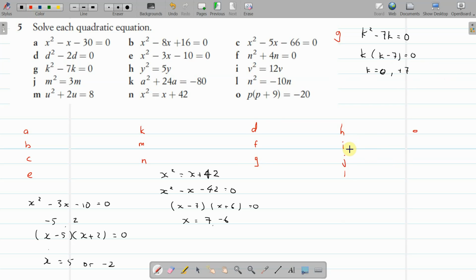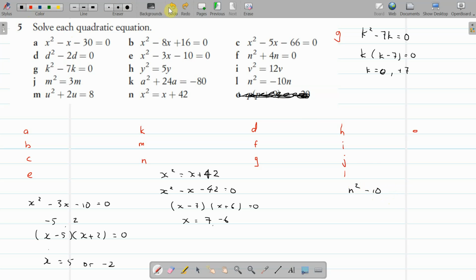Lastly, H, I, J and L. I think we'll leave out question A because that's not going to happen. H, I, J and L. Okay, I'll do L. Where's L? Down here. N squared minus 10n. There's a bit of rearranging, that's all. What have I done?